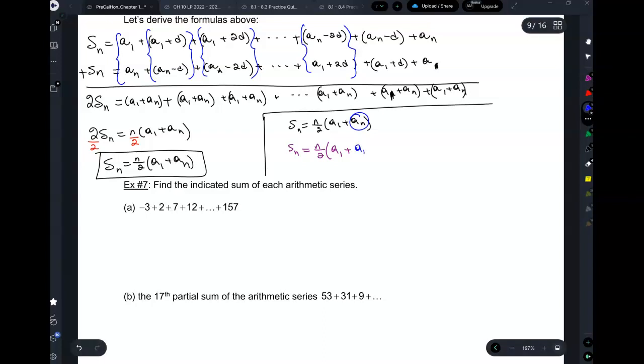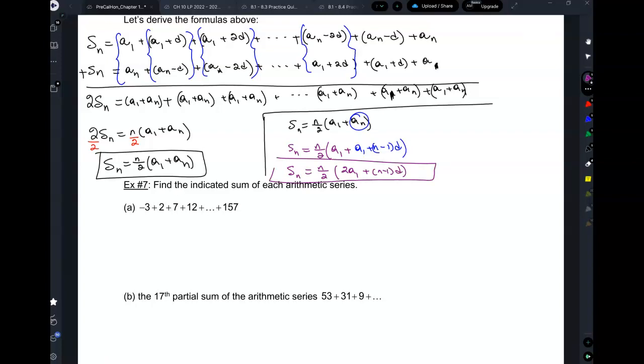It's A1 plus (N minus 1) times D. And if you put that all together, then SN is N over 2 times (2A1 plus (N minus 1) times D). And that is the second formula. So that's where the second formula came from, right?